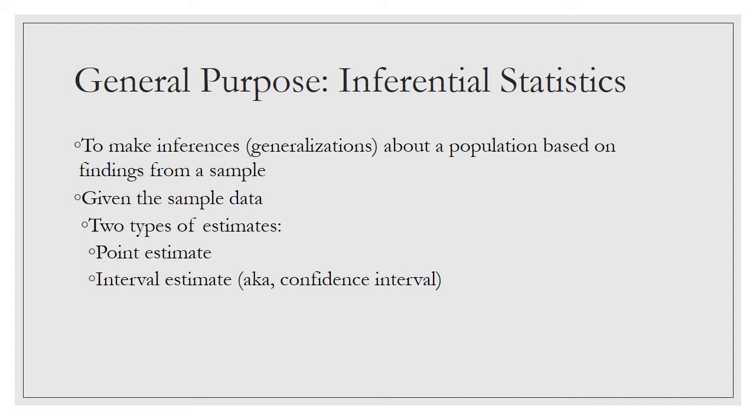We're going to talk about point estimates, and we're going to talk about interval estimates. Our point estimates are going to be things that we use to estimate the parameter with a single value, and our interval estimates are going to be things like our confidence intervals, which are not just one single value, but a range of values.